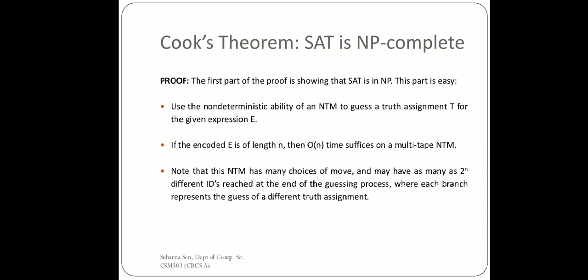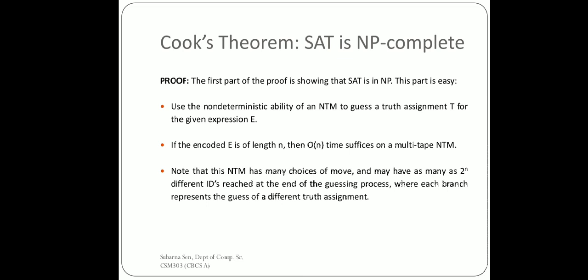Now the first part of the proof is showing that SAT is in NP, and this part is quite easy, but we will see that the later part is a little bit hard. First let us focus on the first part. Here we use the non-deterministic ability of a non-deterministic Turing machine to guess a truth assignment T for the given expression E, right?